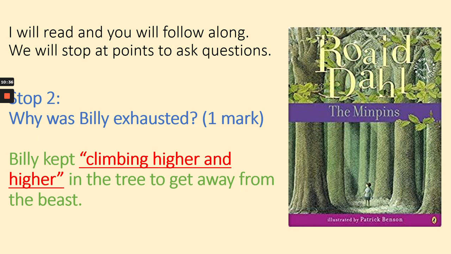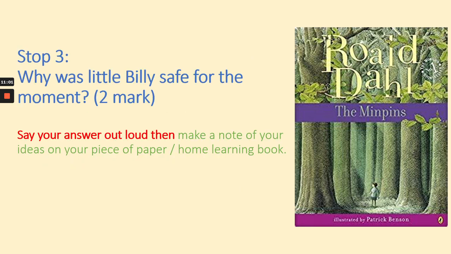The snorting, smelly, smoke-blowing beast was miles away down below somewhere. He couldn't even hear it anymore. Little Billy found a comfortable place where two big branches came together, and he sat down to rest. For the moment, at any rate, he was safe.